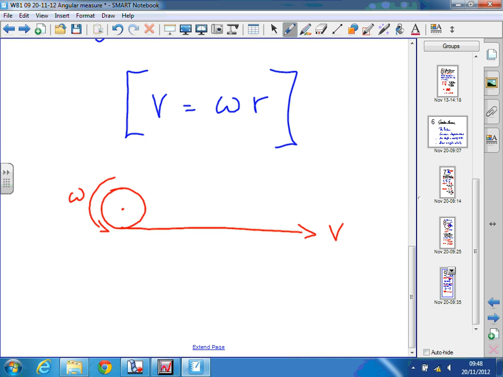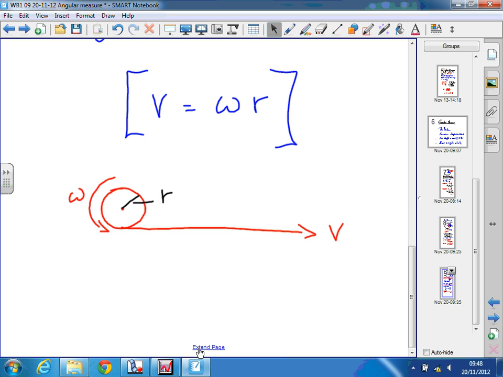And this formula relates those two things. If I know the radius of this drum that's producing this material, for example, r, then there's a direct relationship, and here it is, between the angular velocity of the drum and the linear velocity of the wire that's been extruded, or the conveyor belt that's moving in this process. Okay? So that's a very important formula that relates these two ideas, angular and linear velocity.